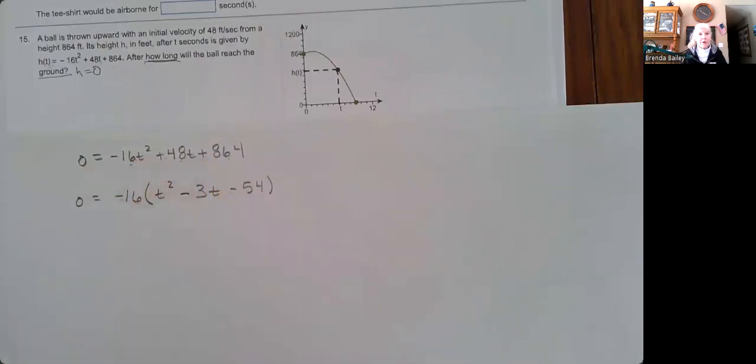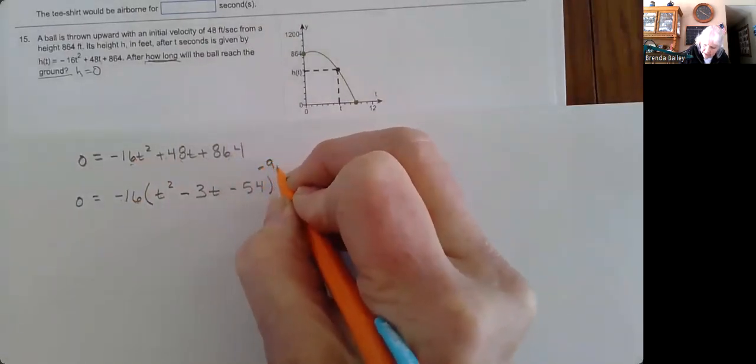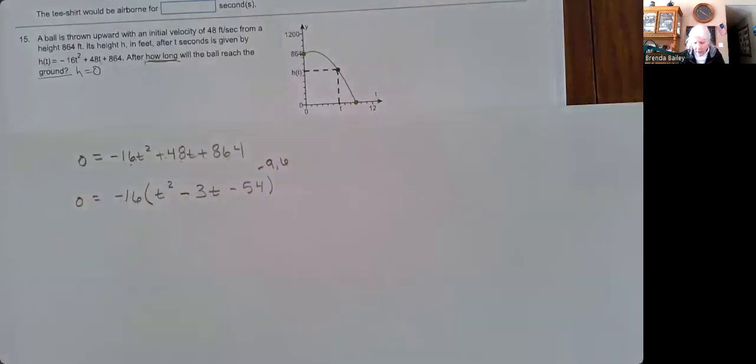So we can factor. What multiplied together gives you a negative 54, the signs are opposite, but added together gives you a negative 3? Well, it's going to be a negative 9 and 6. You could try, obviously, 54 times 1, which doesn't work.